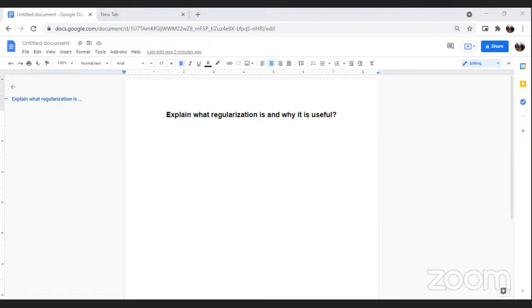Right, Ipshita? Right, this is more often done by adding a constant multiple to the weight vector, usually L1 and L2. We also know L1 is lasso and L2 is ridge, right?